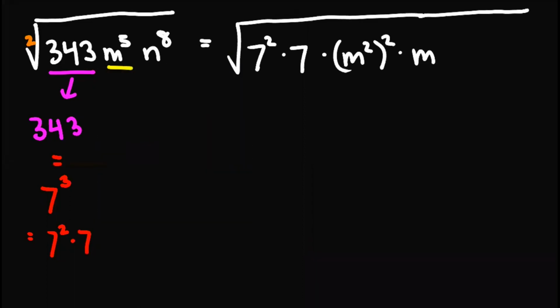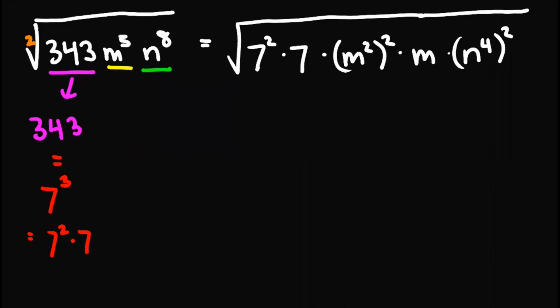Lastly, for n raised to 8, we can write this one as n raised to 4 squared. So we'll have here n raised to 4 squared.